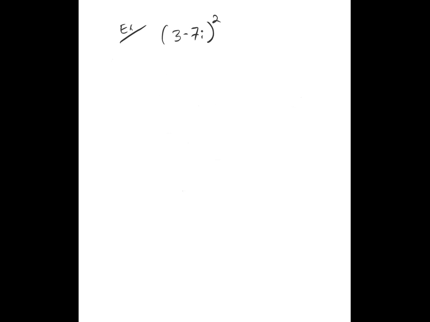This power of 2 means that we've got 2 of them. We did this in previous material, multiplying polynomial by polynomial, specifically binomial by binomial. We can distribute this 3 and multiply both of those.